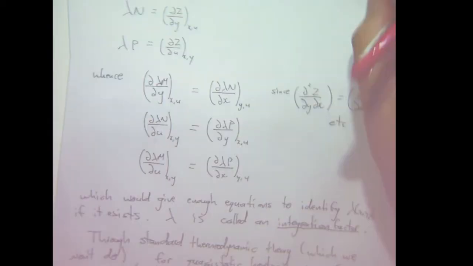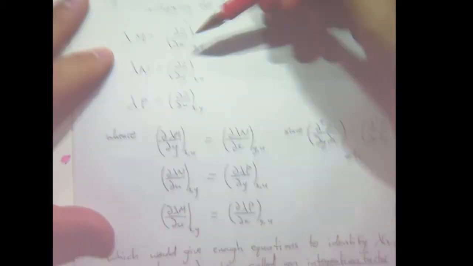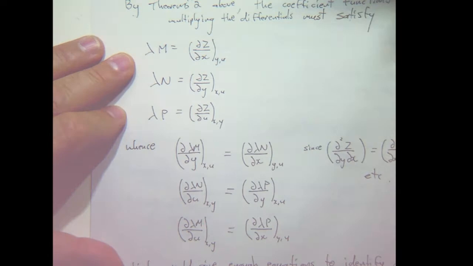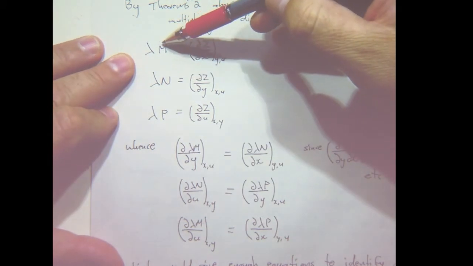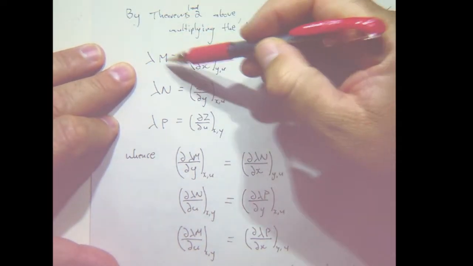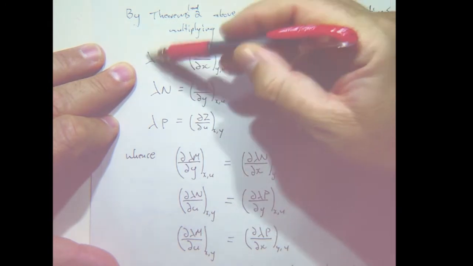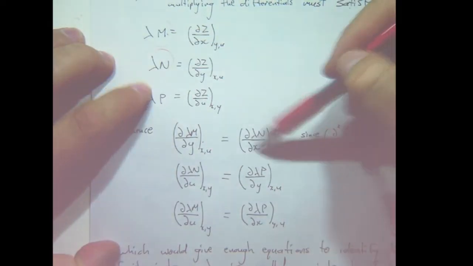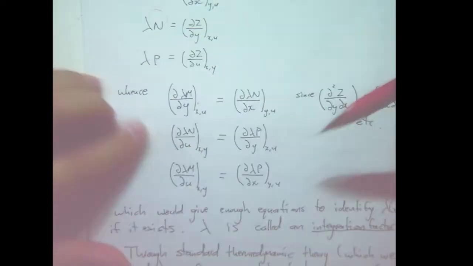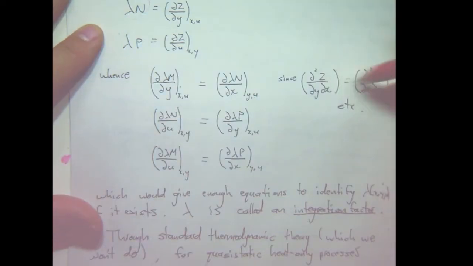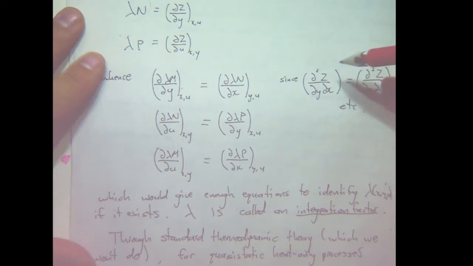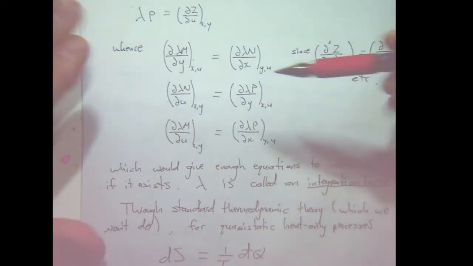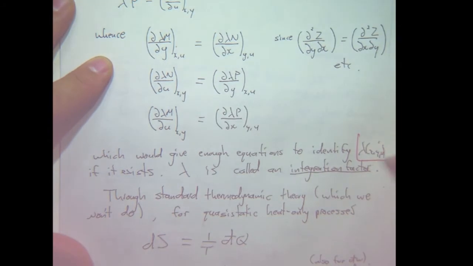I'm not going to go into any details, but the second theorem tells us what the conditions are on these: d lambda N by dy has to equal d lambda M by dx, etc. In other words, the second derivatives of z are equal. This gives enough equations to identify the integrating factor.